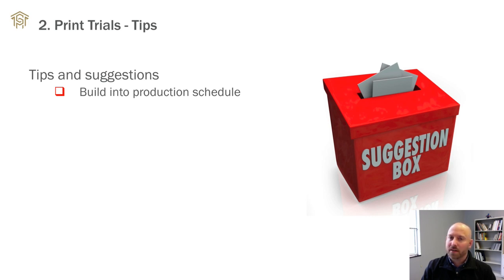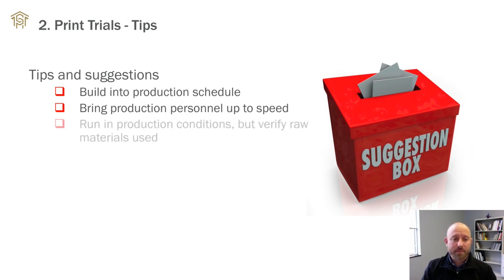We still got to make our clients happy. So try to incorporate this so that it's not a disruption in the production schedule. Make sure that everybody involved is aware of what's going on, so that everybody has a clear understanding of what their role in this print trial is.